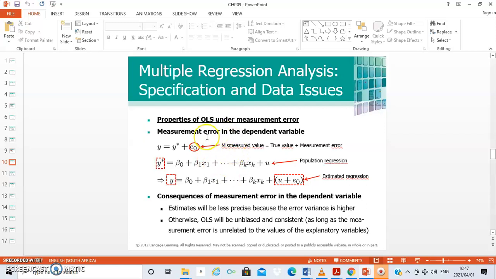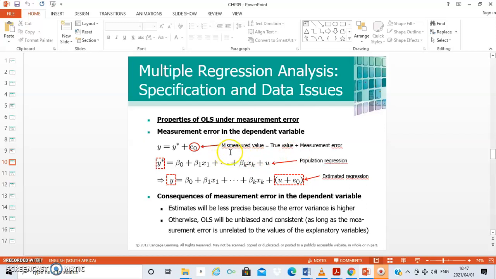Usually, if there is an error of measurement in the dependent variable, then we will have a mismeasured value that is the sum of the true value plus the measurement error.